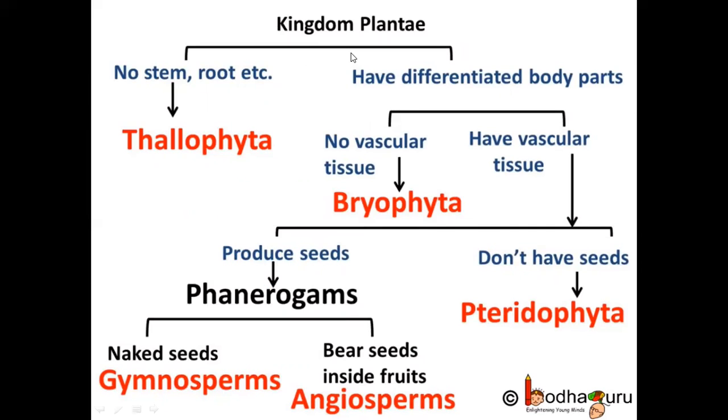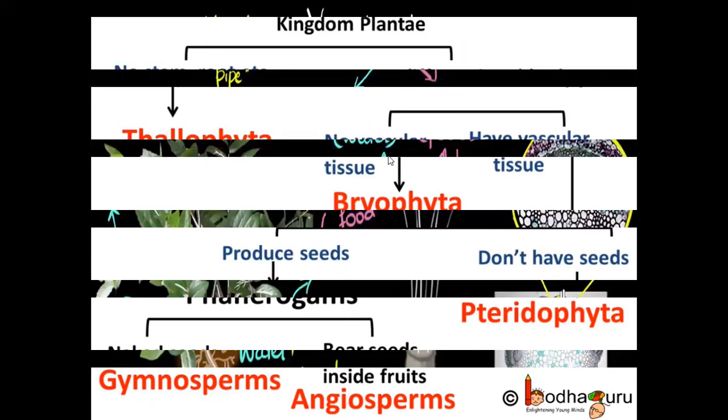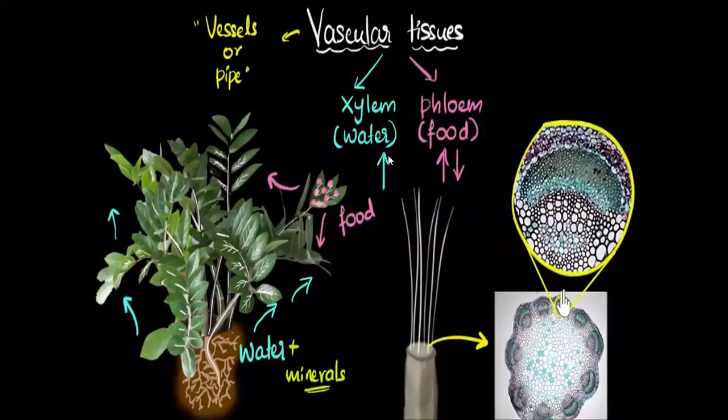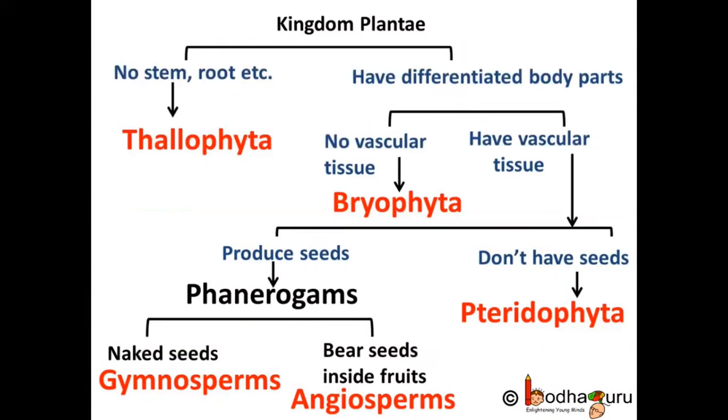This kingdom Plantae is divided on the basis of having differentiated body parts, and those plants which do not have stem or root we call thallophyte. Next, the well-differentiated body parts are further classified on the basis of the vascular tissues, xylem and phloem.